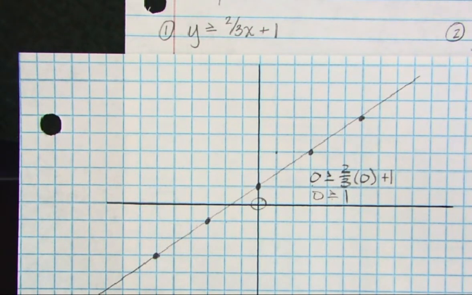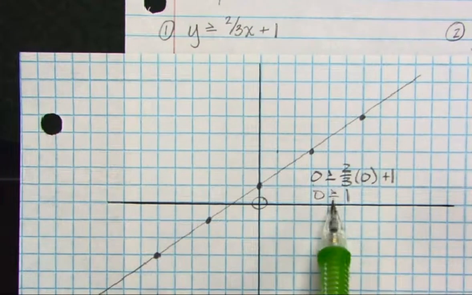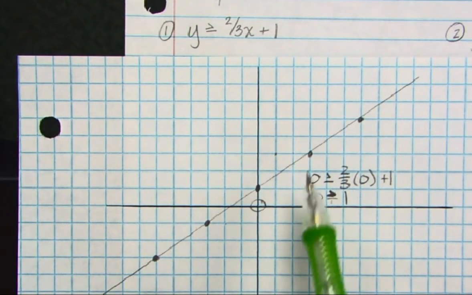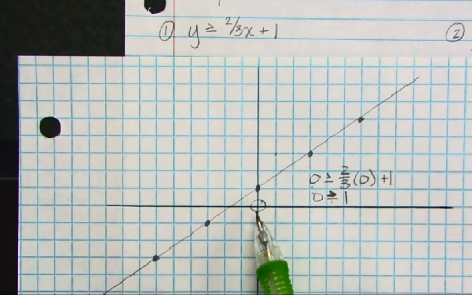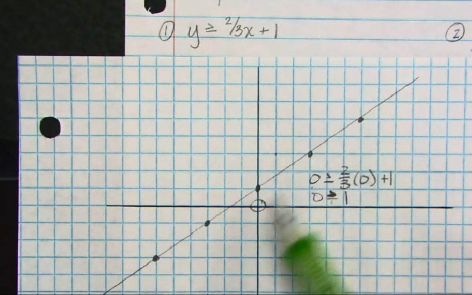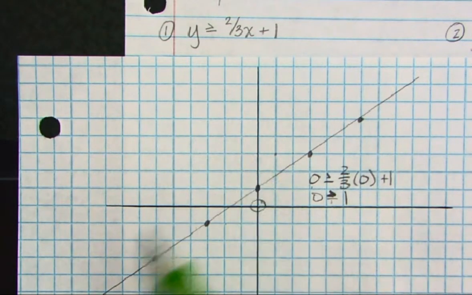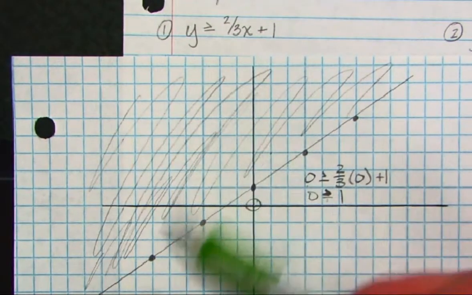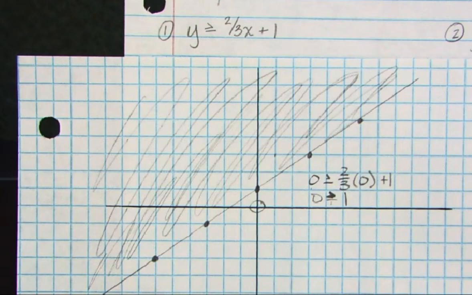Well, no, 0 is less than 1. So this statement is false, which means the ordered pair 0, 0 is not a solution. So I don't want to include anything on this side of the line. I'm going to shade up here instead, above that line.